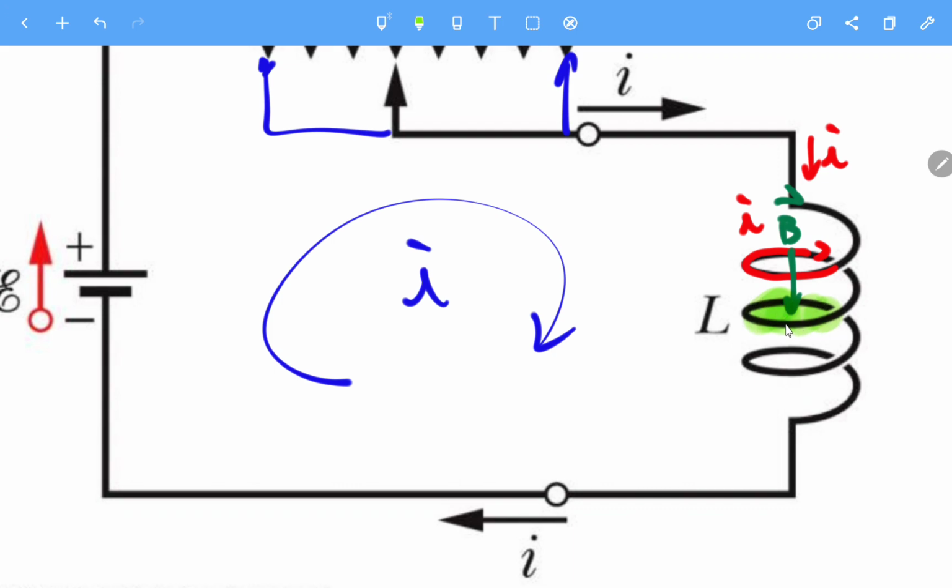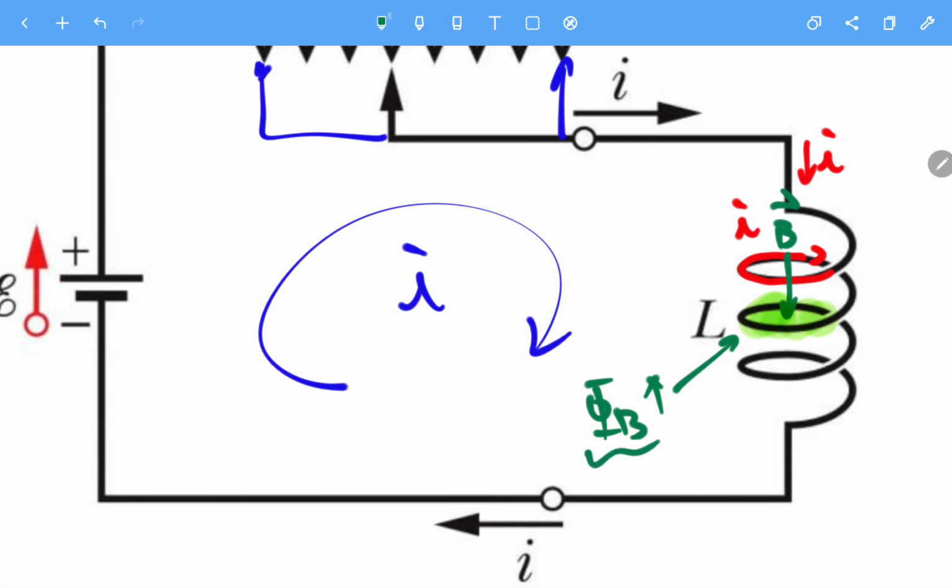It will go through the second turn. At the very beginning, this current is small and then becomes larger and larger, which means that the B field is also becoming larger and larger, and so phi B for the second coil is increasing. The problem is, if phi B is increasing, then d phi B dt is not zero.